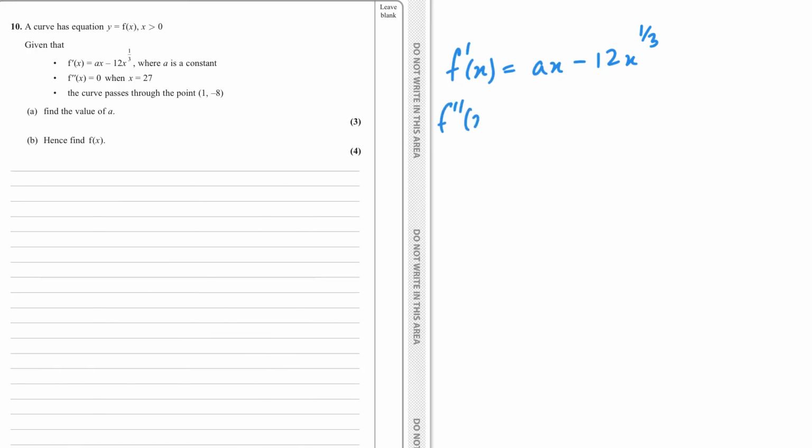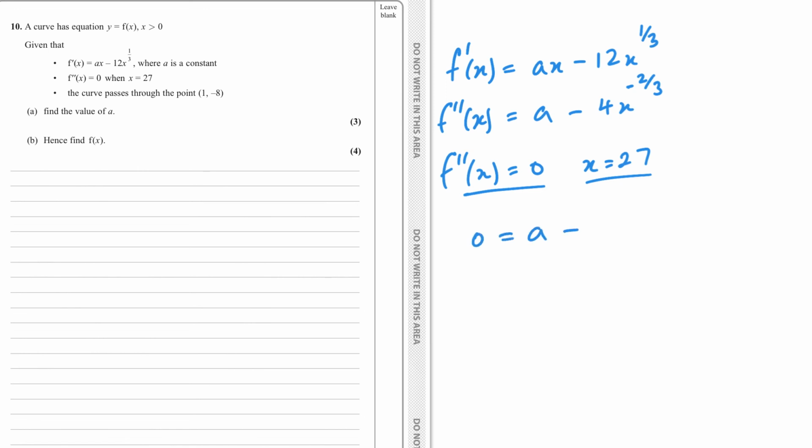So differentiating this, we get a minus, and then a third times 12 is 4x to the minus 2/3. Now, we're told that this is true. So substituting this in, we get 0 equals a minus 4 times 27 to the minus 2/3.